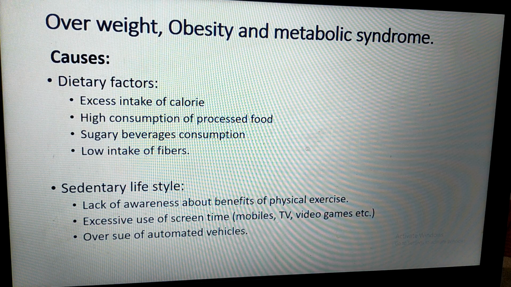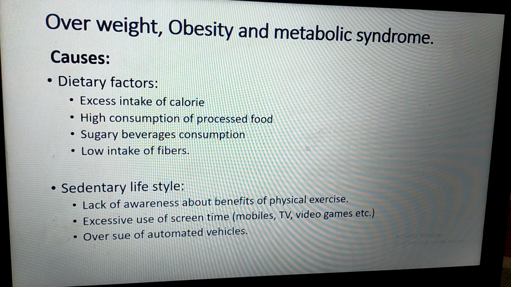Next is sedentary lifestyle. The main cause of sedentary lifestyle in the new generation, especially among children and adolescents, is that they lack awareness about the benefits of physical exercise.